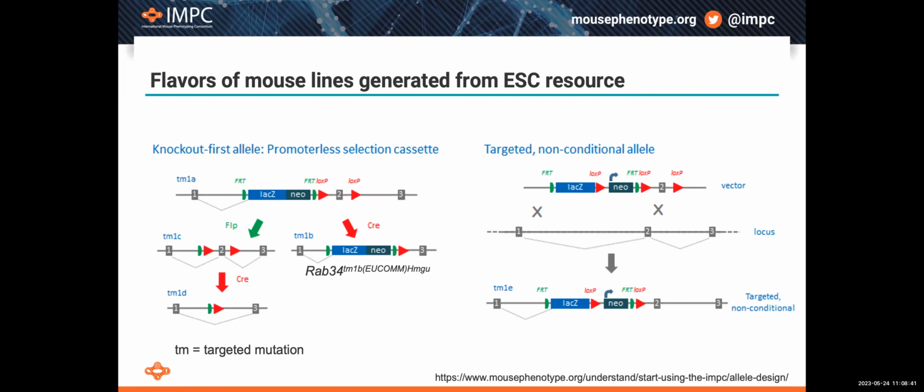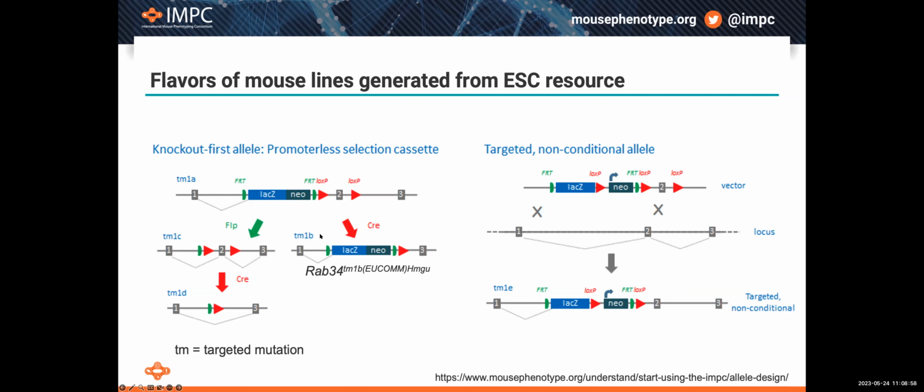One of the barriers I think people come across is that there's a nomenclature that's unique to these alleles that we've generated. Here I'd like to provide a brief overview of some of the things that are coded in this nomenclature.